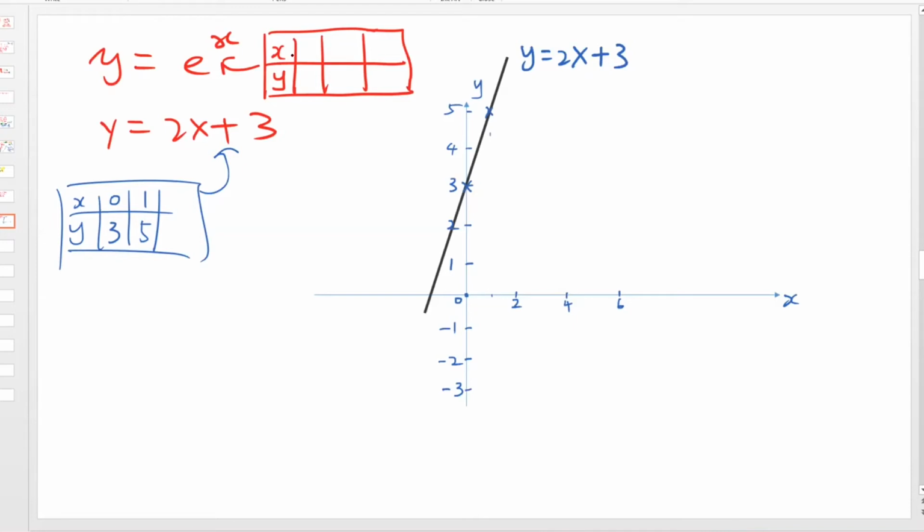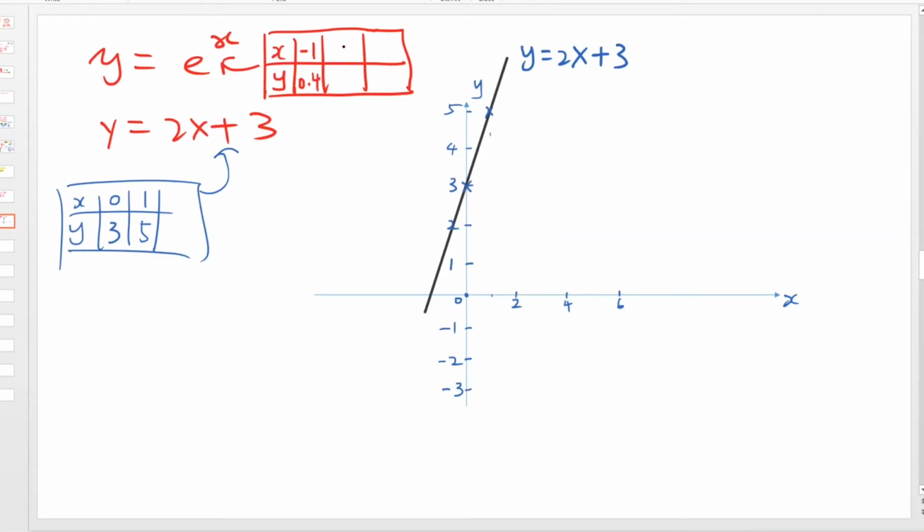Let me start with the negative side first. Can you help me out with your calculator? e to the power of -1, what do you get for y? 0.368. Okay, let's take it as 0.4.